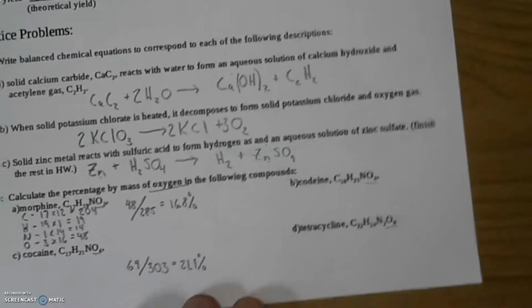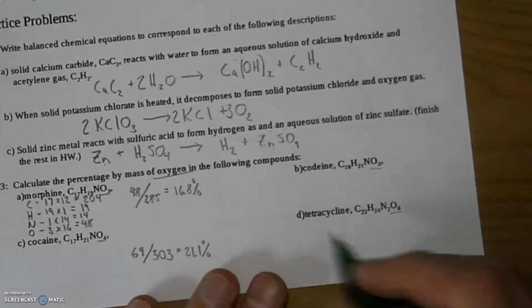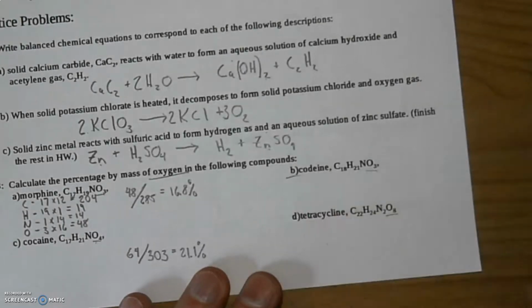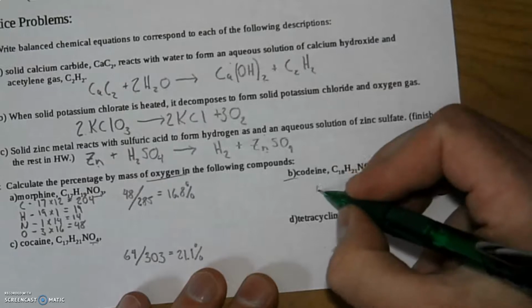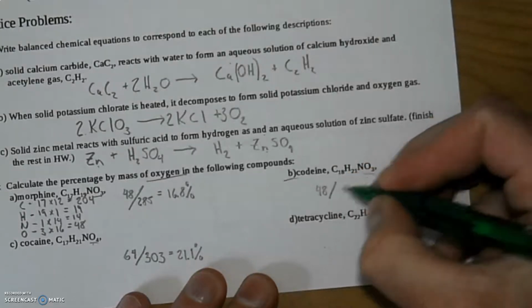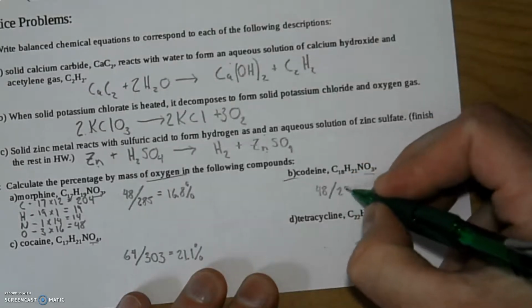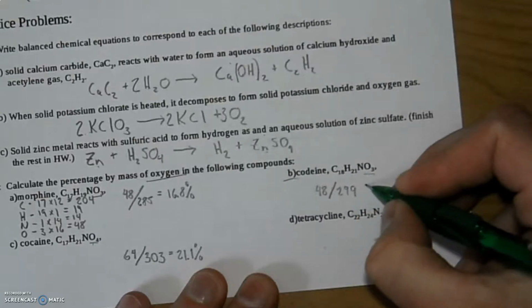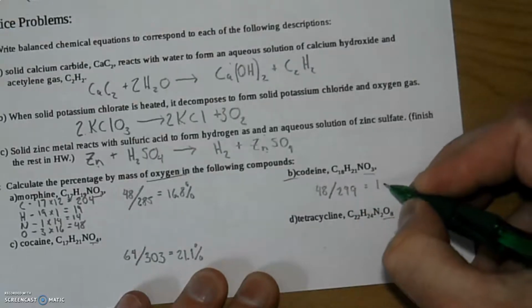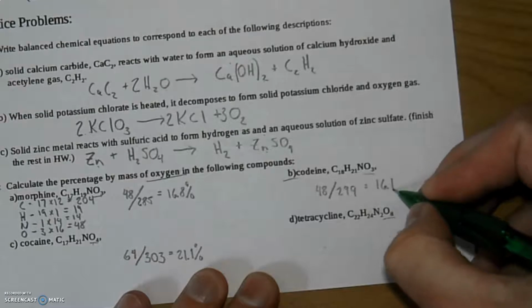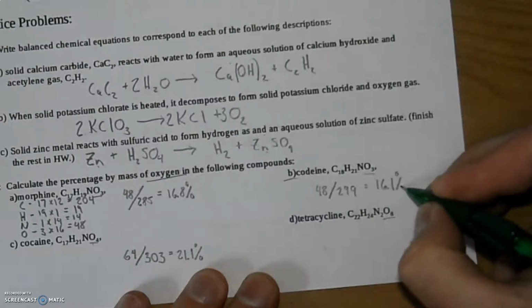And if we do the one for codeine, which is actually B, I did a little out of order, you would get a mass of 48 out of 299, giving you a percentage of, if I can read my own writing, 16.1%.